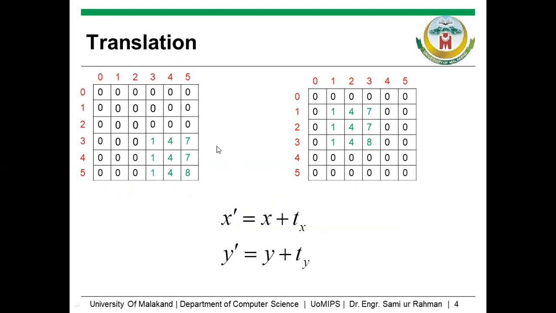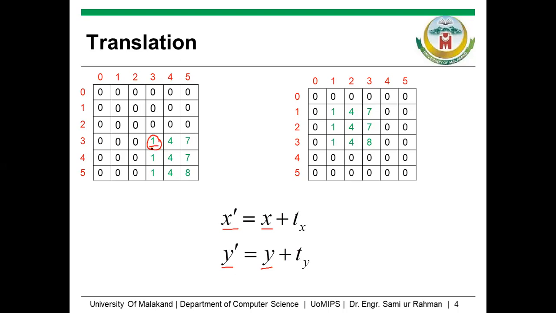This x prime and y prime are the new positions, and x and y are the original positions of the pixels. For example, if this is the original matrix, this pixel is, let's say, 3,3, and it has been moved to 1,1.